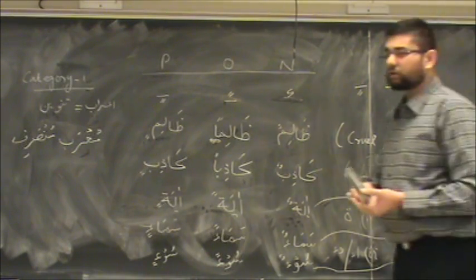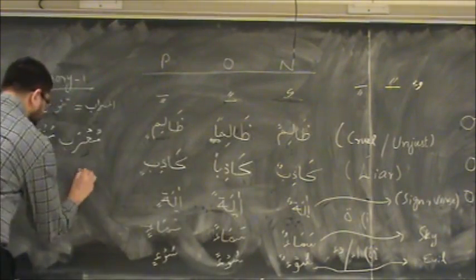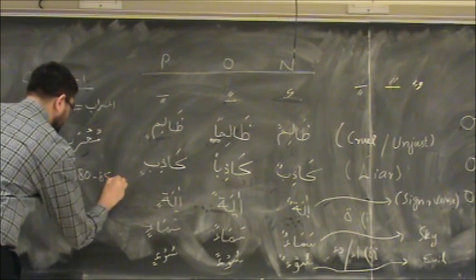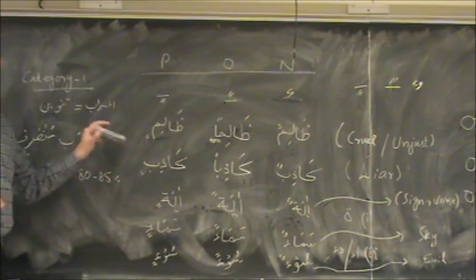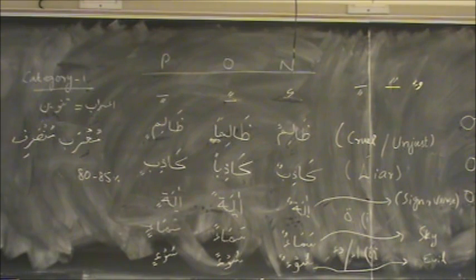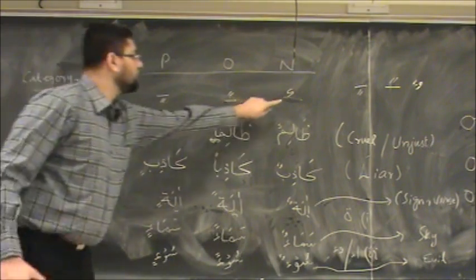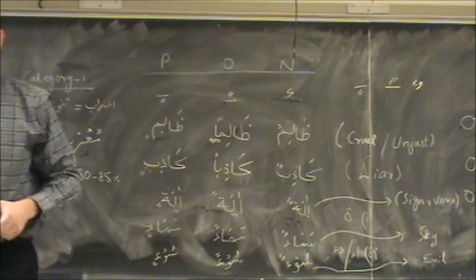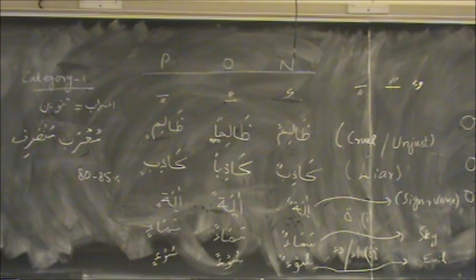It is the biggest category, and almost 80 to 85% of nouns are from this category. They have tanween at the end, and it changes like this: un, an, in. That's how you can remember it. Un, an, in. Nominative, objective, possessive.